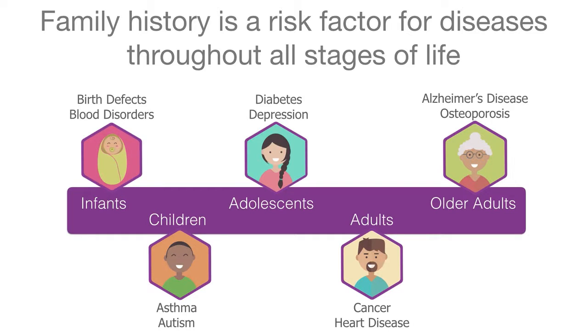Family history is helpful not just for a certain age or stage of life. Family history is really a risk factor for diseases throughout life and across all the stages. So that's why it's so important to understand that common thread from grandparents to parents to children to great grandchildren. As you keep going through the tree, this information is important at each stage of a person's life.